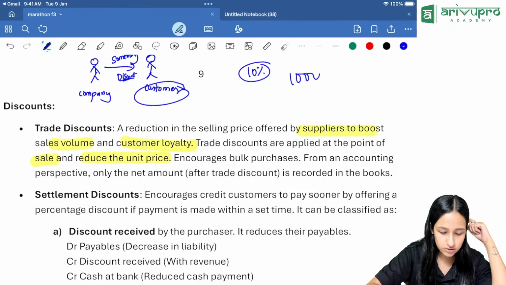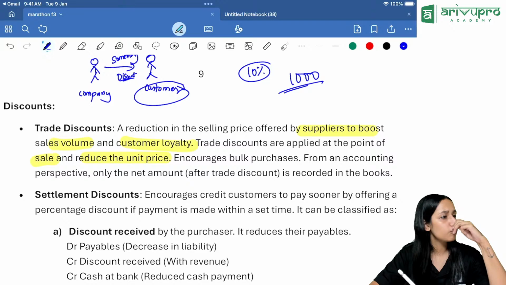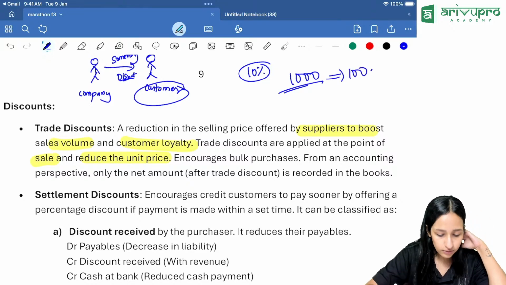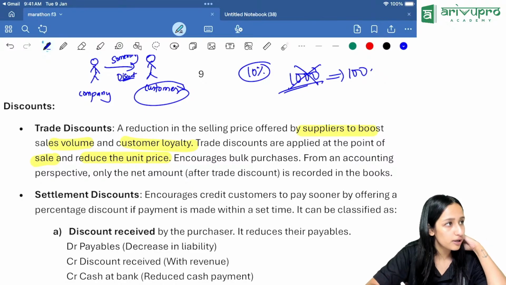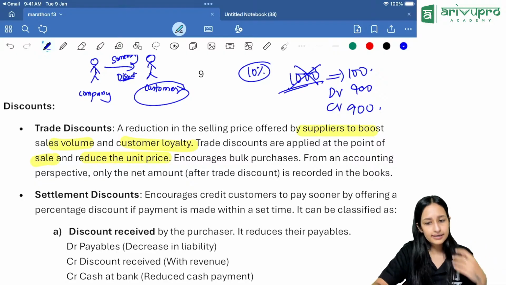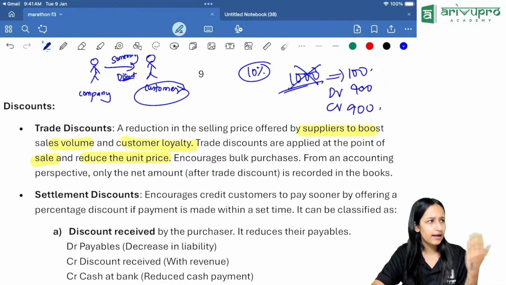So let's say it's for 1,000 rupees. 10% discount is how much? 100, right? So now immediately 1,000 is not going to be your amount. It's going to be debit 900, credit 900. That's it. Directly you can take away the 100 rupees discount or $100 discount, and then you can just include the final figure here.